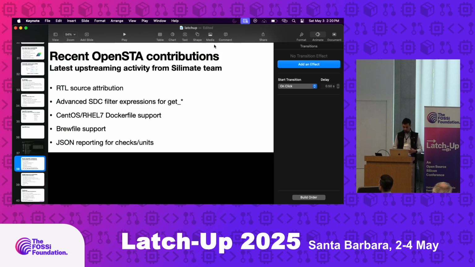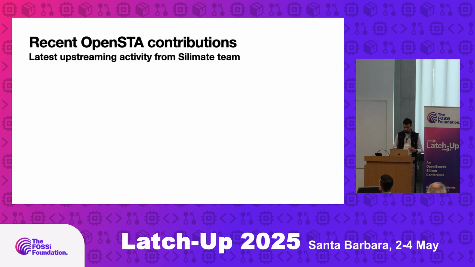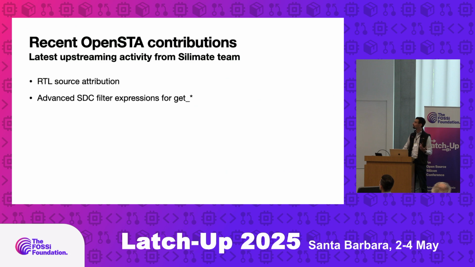I'll just go back and talk about, at Silimate, I'm the CTO of Silimate, we have been upstreaming a lot of our contributions to OpenSTA. We've done RTL source attribution, which is the ability to see the original RTL line numbers that correspond to a particular cell.